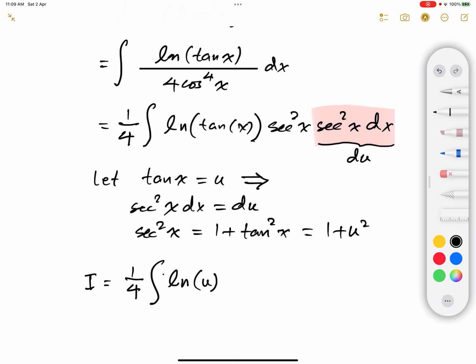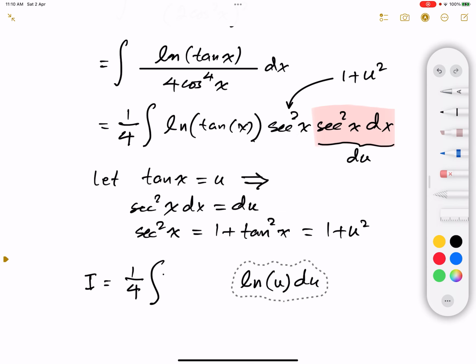And this part here can be rewritten as 1 plus u squared. So we have du here, and let me write the 1 plus u squared up in the front.